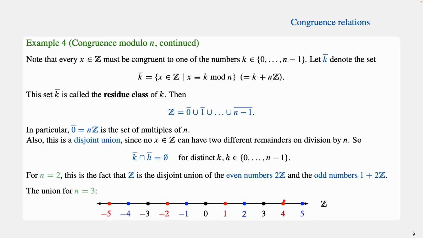We get to the 4, which is 3 plus 1, so it has remainder 1, so it's in the same class as 1. And similar with the minus 2 here. Minus 2 is just minus 3 plus 1, so it's a multiple of 3 plus 1, so it's in the same class as 1. And similarly, 2 and 5 are in the same class because they have remainder 2 on division by 3.